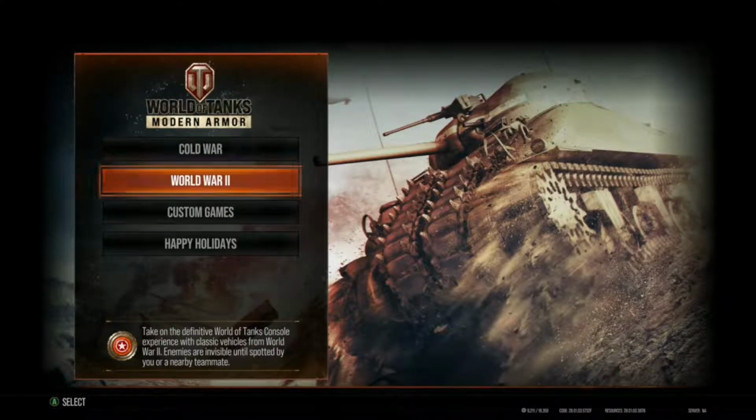So if, for example, your shell pens 100 millimeters of armor, but the random number generator gave you a minus 25% to your chance to penetrate, then you really only can penetrate 85% of the armor for that shell at that shot at that time.